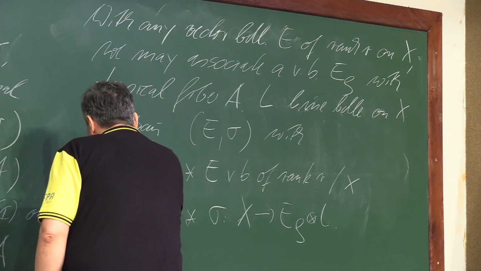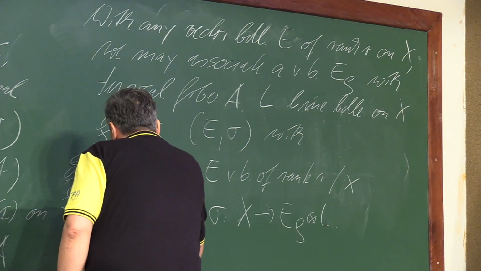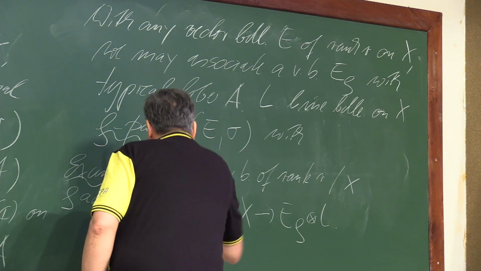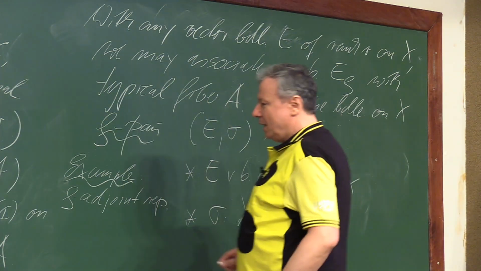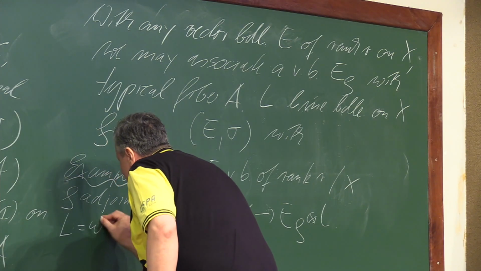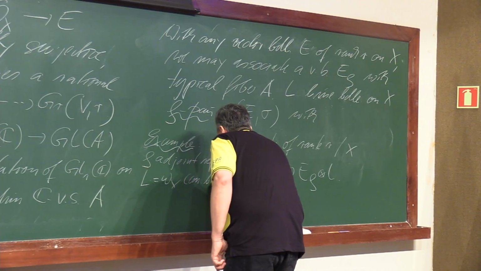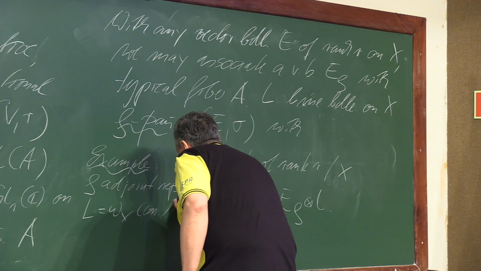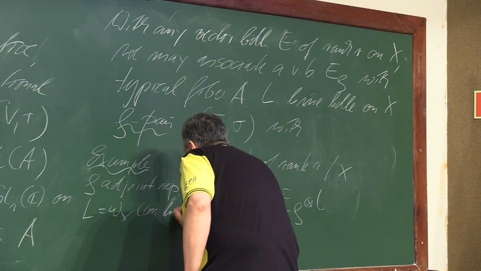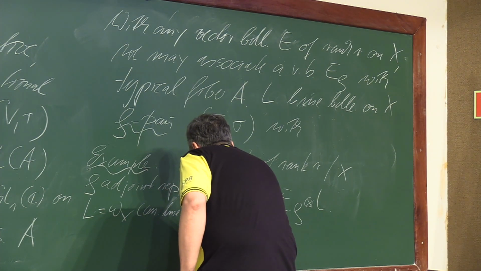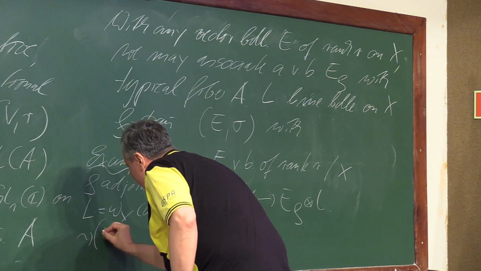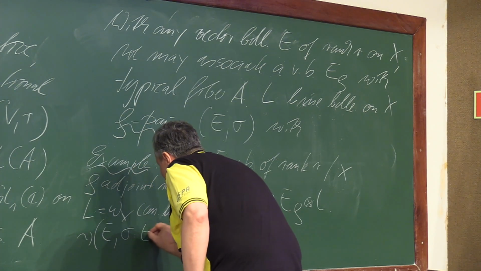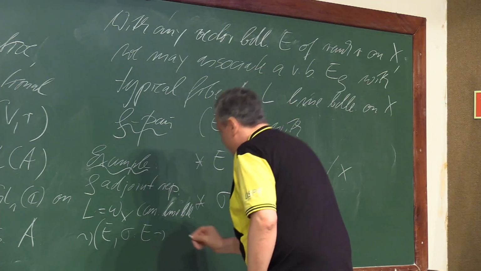If you take rho to be the adjoint representation, so the action of GL_R on the space of R by R matrices by conjugation, and L to be the canonical line bundle, so the bundle of one forms omega, then you get E together with a section of the endomorphism bundle twisted by omega.